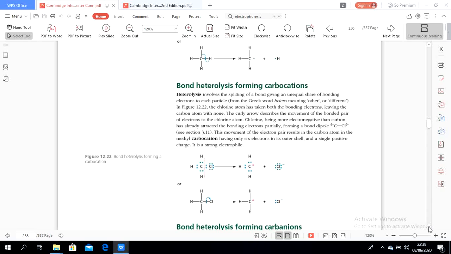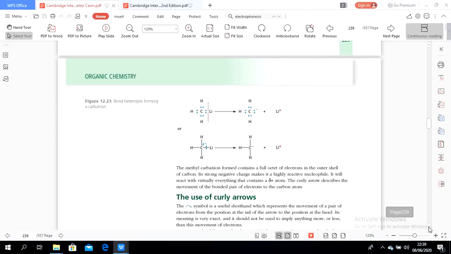So there is a carbocation and a carbanion. The carbocation contains positive charge, so it is an electrophile. The carbanion is a nucleophile. We note that not all ions contain carbon, but we call them nucleophile and electrophile because if a bond breaks heterolytically, there must be a positive ion and a negative ion.